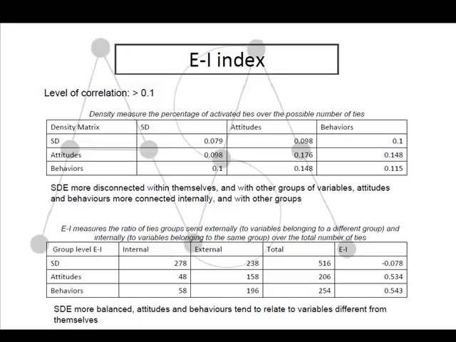So it's very, very close to 0. 0 means that there is a balance, yeah? Attitudes and behavior, on the other hand, tend to relate more to variables of a different kind. So they have a number of external ties which is much higher than the number of internal ties. So what we can see is that attitudes and behavior seem to link the variables together more than socio-demographic and socioeconomic ones.